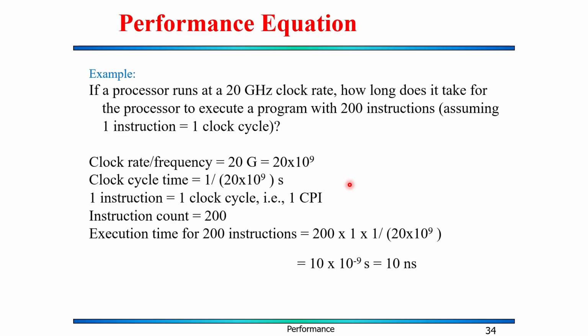The program has 200 instructions and we assume each instruction takes one clock cycle. So the instruction count is 200 and CPI is 1. So execution time equals 200 times 1 times 1 over 20 times 10 to the power of 9. 200 divided by 20 times 10 to the power of 9 equals 10 times 10 to the power of negative 9 seconds.